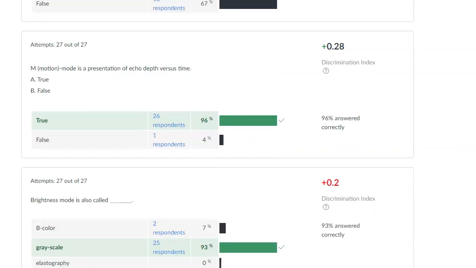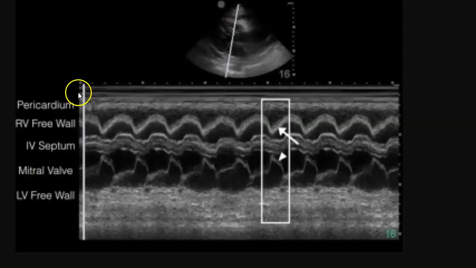So the next question is, the M mode is a presentation of echo depth versus time. That's absolutely true. We'll look at another M mode and just walk through it real quick. So here is a typical M mode ultrasound, this one of the heart, and we see that the x-axis is time as it passes by, and the y-axis here is depth.